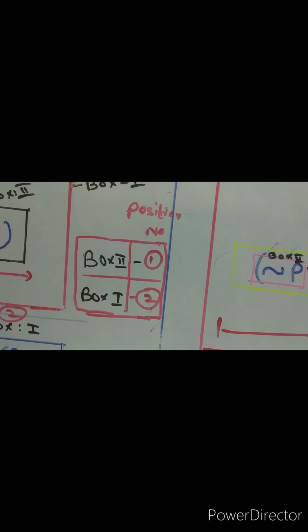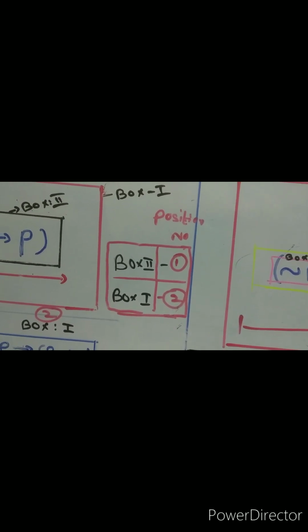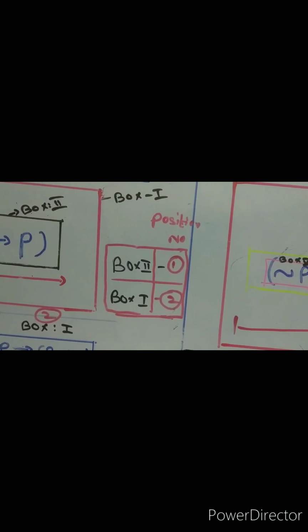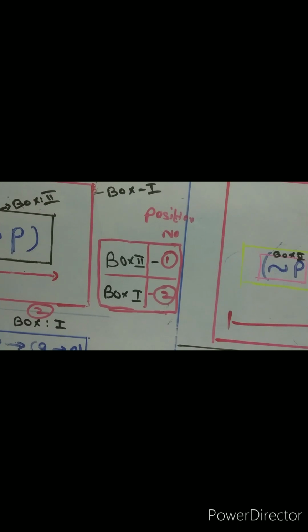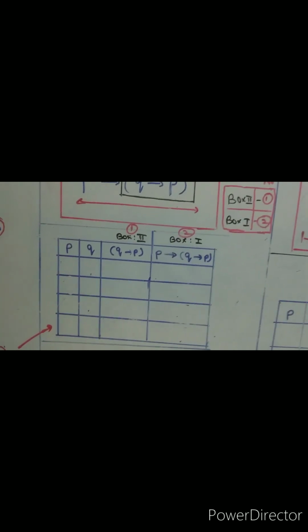Position numbers 1, 2 are in increasing numerical order, and box numbers 2 and 1 are in decreasing order. In the same way we plot the table P Q, first position number 1, that is box number 2, and position number 2, that is box number 1.